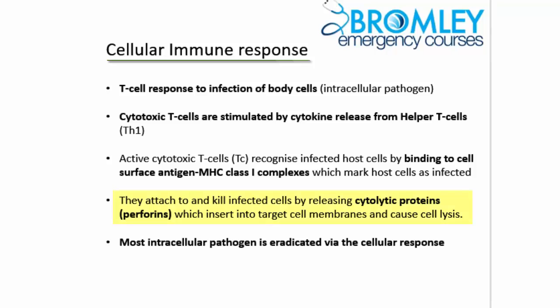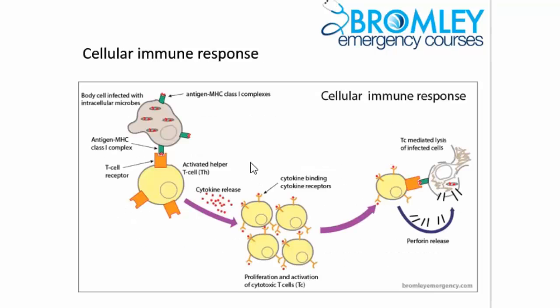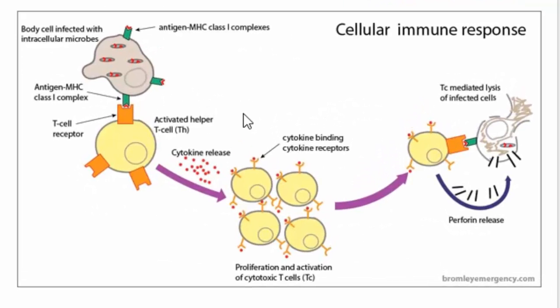The cytotoxic T cells attach to and kill the infected cells by releasing cytolytic proteins called perforins, and these proteins insert into the target cell membrane and effect cell lysis. And as a general rule, most intracellular pathogen or infection is eradicated by cytotoxic T cells in this cellular response. And here is the cellular immune response summarized in a diagram.